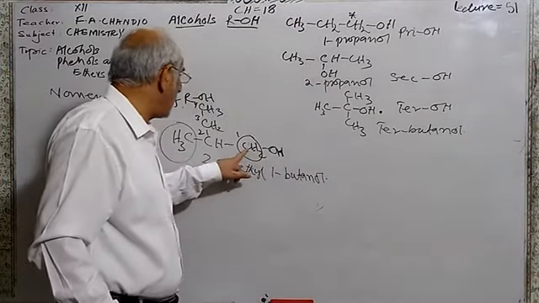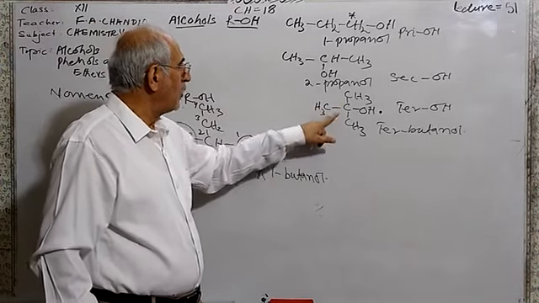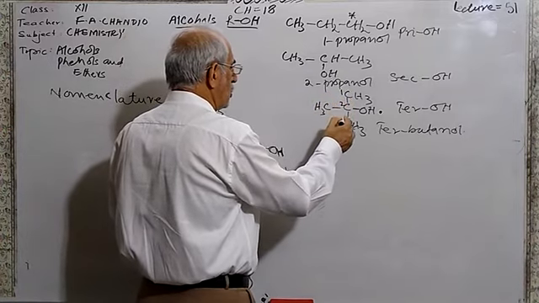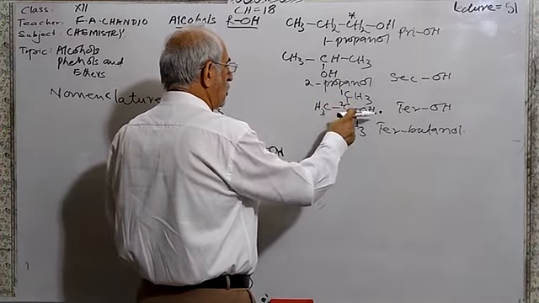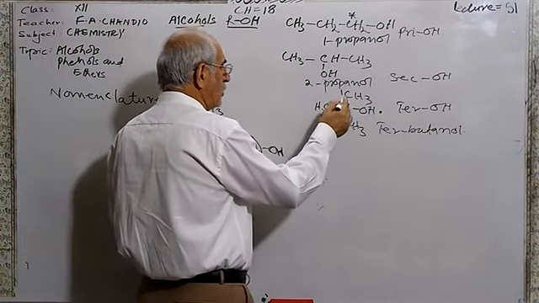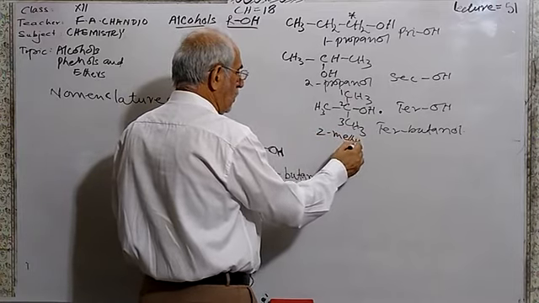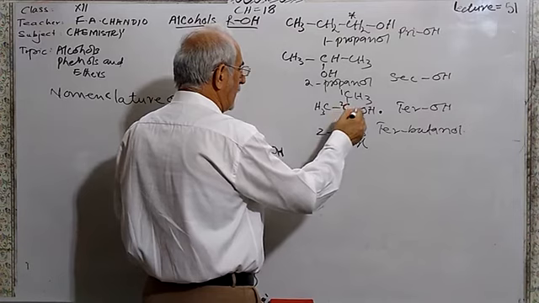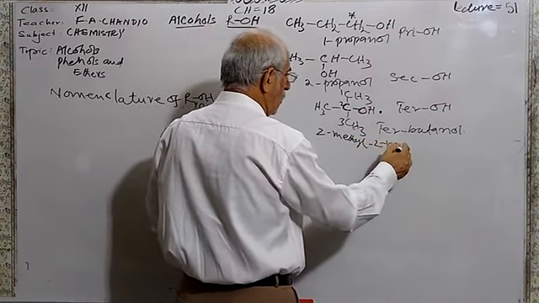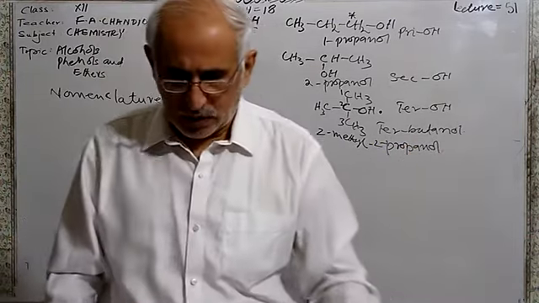From this end we have to give the numbers 1, 2, 3. So you have 1, 2 and 3. So 2-methyl, and there is the functional group on the second carbon, 2-propanol. So these are the rules.